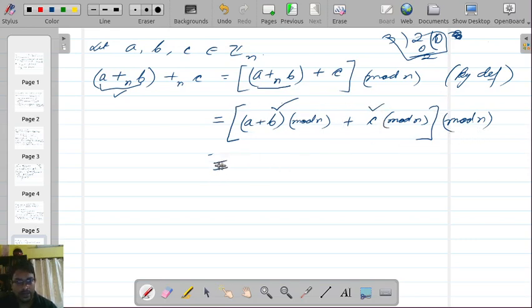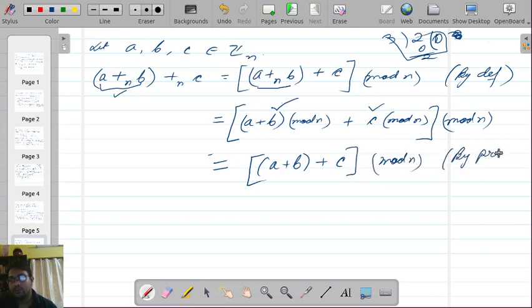But I already discussed that this entire process is the same as adding the numbers together and then taking the modulus. So this is by the property of modular arithmetic, of modulo addition.